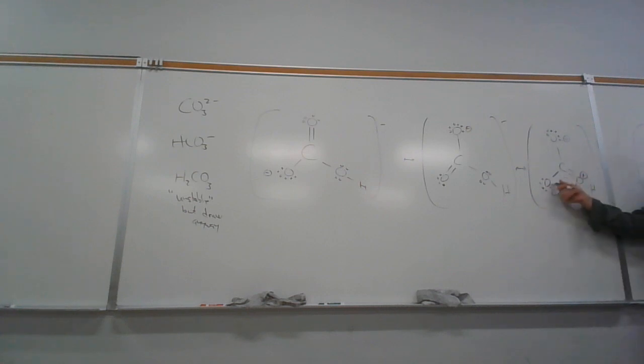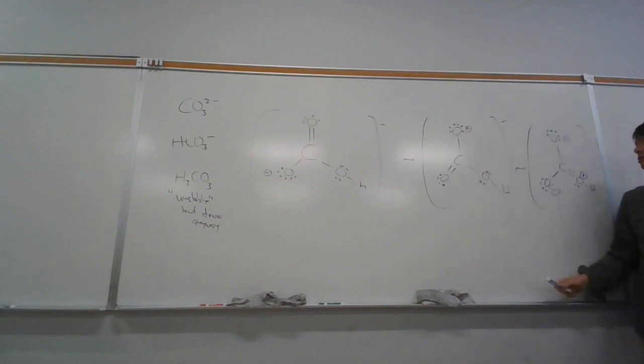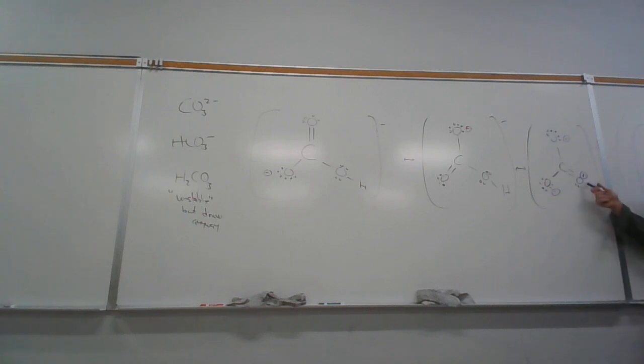If these 2 oxygens got into a tug of war, who's going to win necessarily? Well, it looks like this oxygen won. This oxygen lost. Because up here we only had 1 oxygen with a formal charge. Here we have this. So what we did was we took an electron essentially off this oxygen and effectively gave it to this oxygen here.